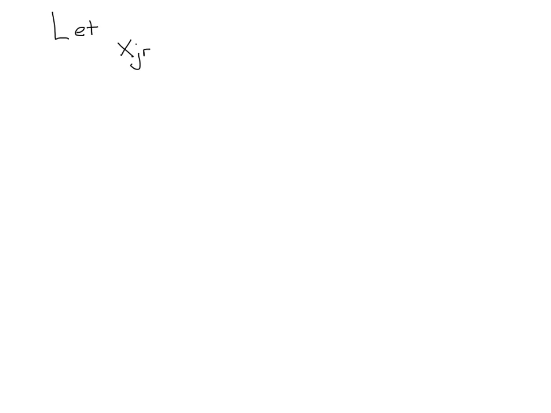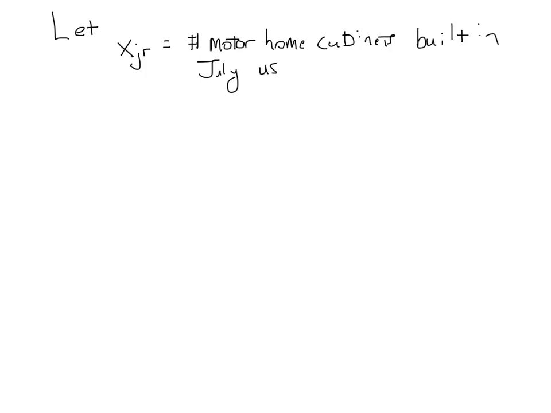The R stands for regular time. And I'm going to use X for the motorhomes. So number of motorhome cabinets built in July using regular production time or regular man hours.